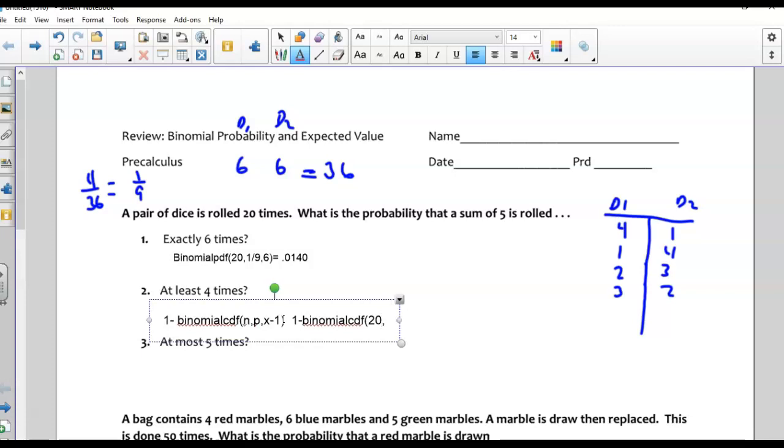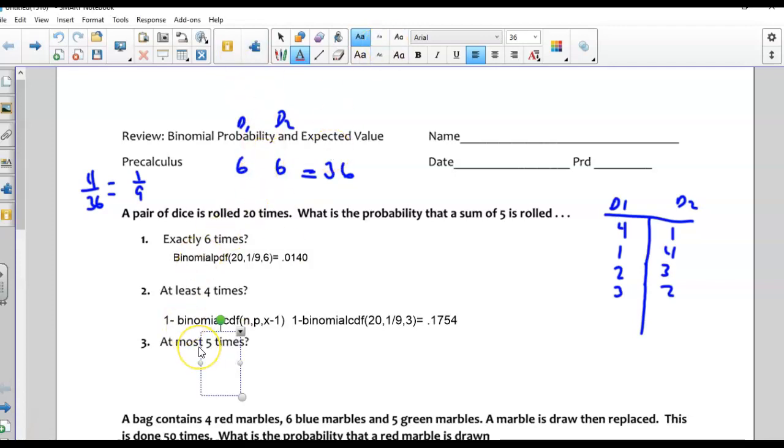The probability is 1/9, and since x is 4, we're going to do 3 right here. Again, I like to do x minus 1, and then it works out. When you punch that in your calculator, I'm not going to do the calculator work, but you get 0.1754.